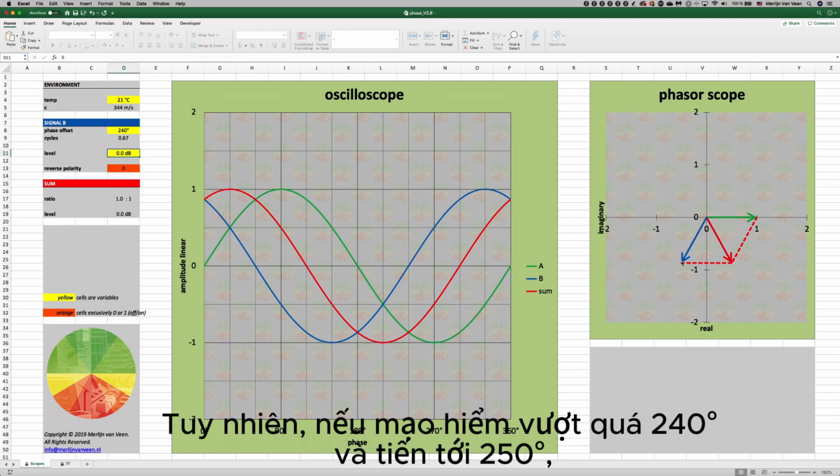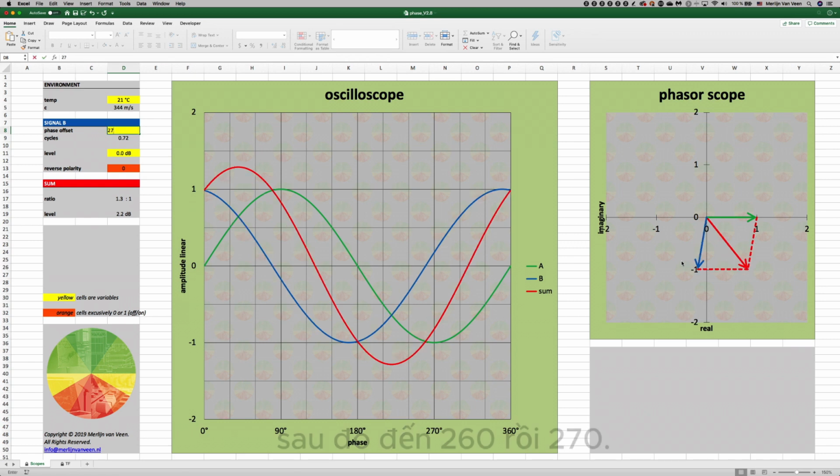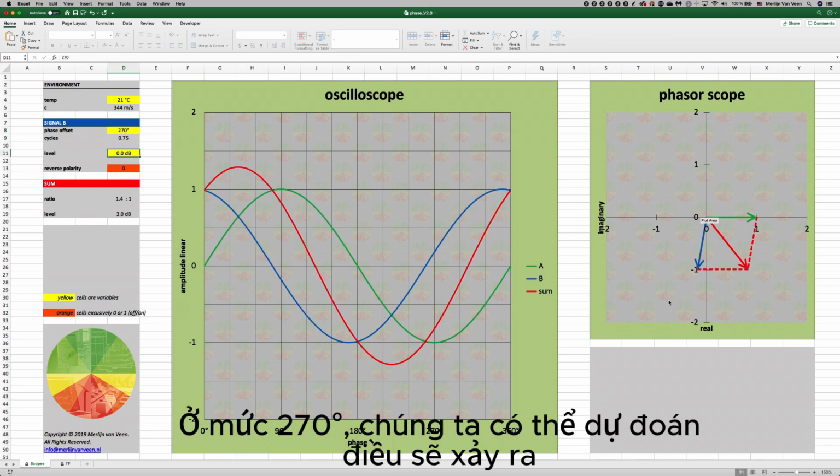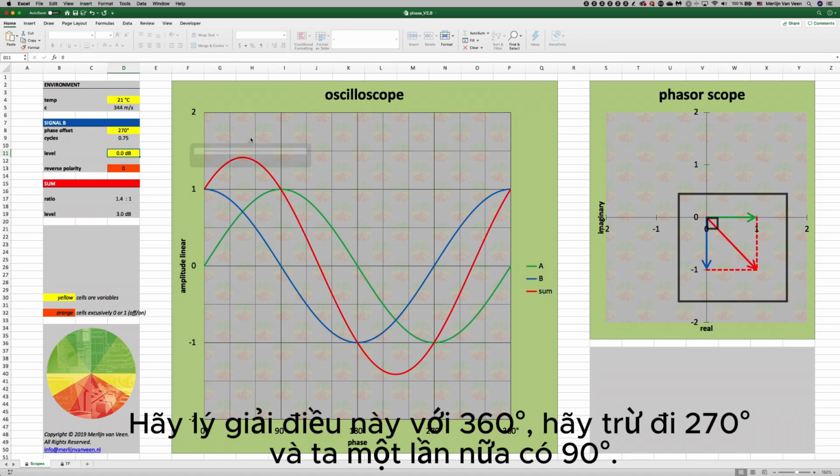However, if we venture beyond 240 and we go to 250 and then 260 and then 270, at 270 we should be able to predict what goes on, because this situation looks remarkably similar to a situation that we saw before. Let's reason this. There are 360 degrees in a whole revolution.